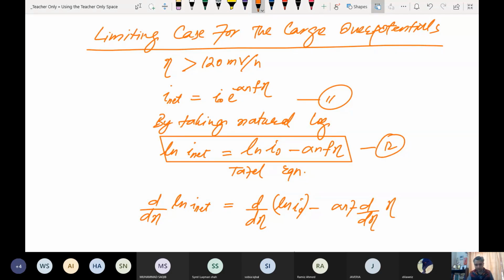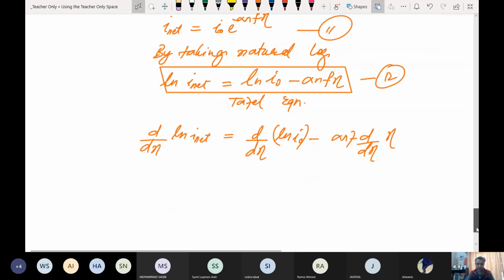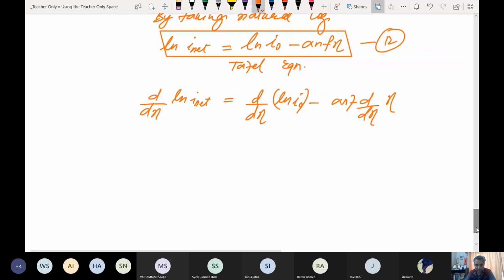So there are certain things you can clearly see. This is constant with respect to potential, so it will go to 0, and this one over here is constant, so it is outside, but with respect to this it will become 1.